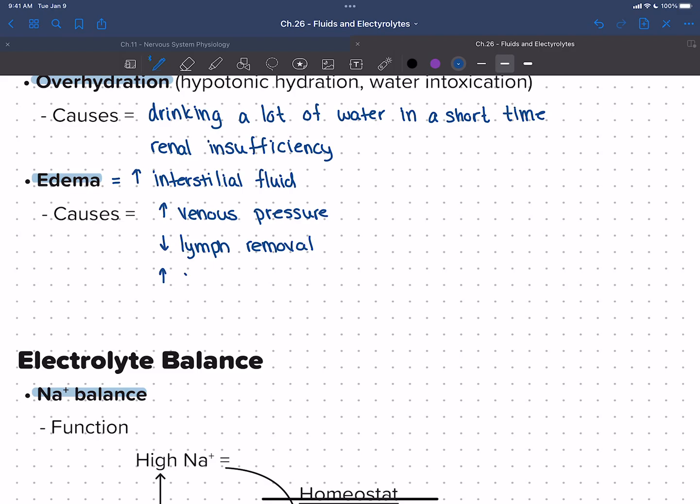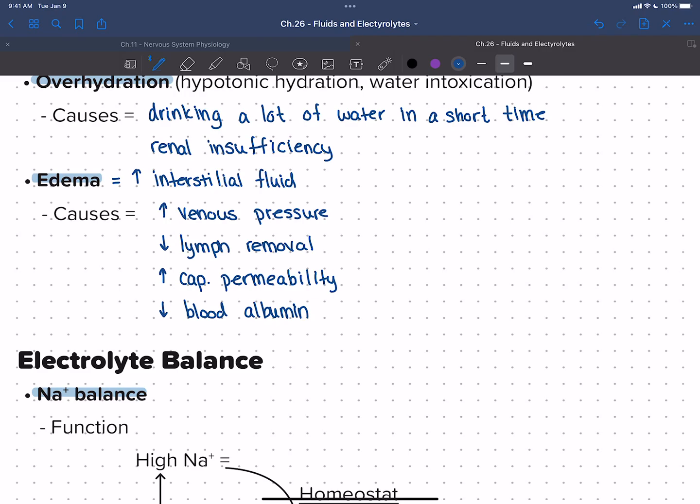So an increase in capillary permeability. All right, and also it can occur if there's not enough albumin in the plasma. And so remember, albumin helps to hold fluid in the blood vessels and in the blood in that plasma, right? So if there's a decrease in blood albumin, right, we can see edema.